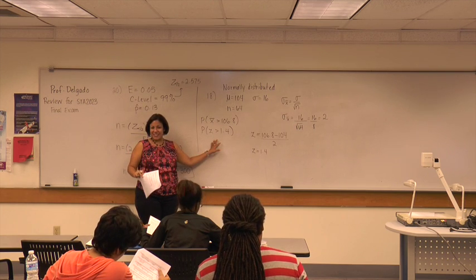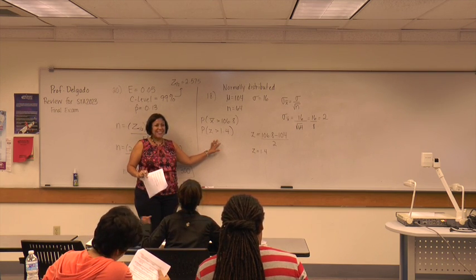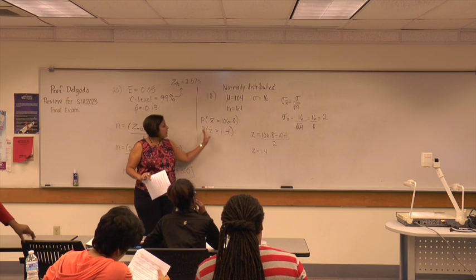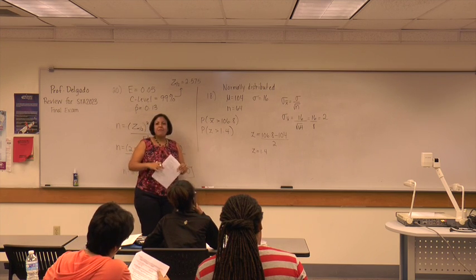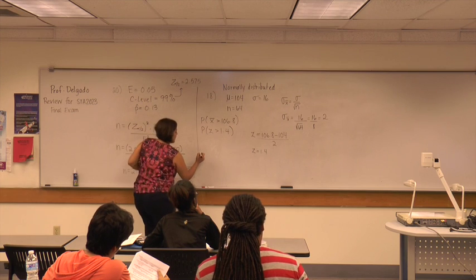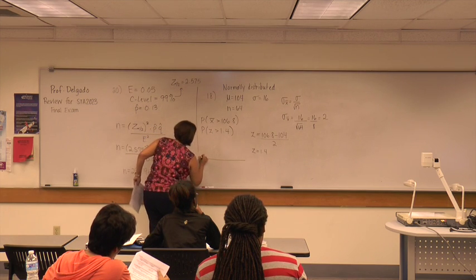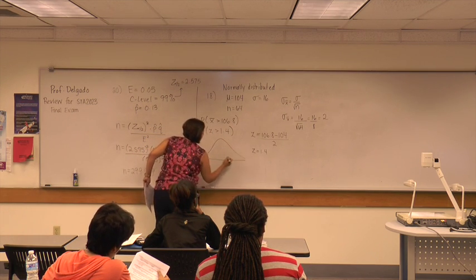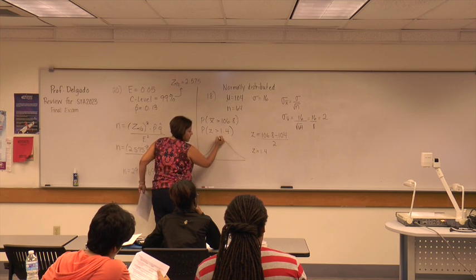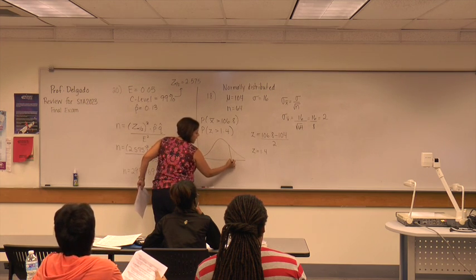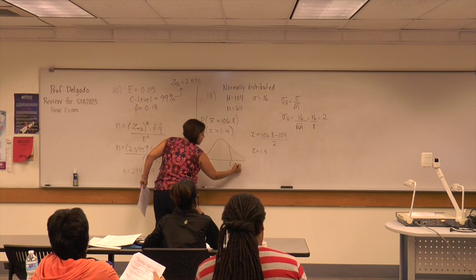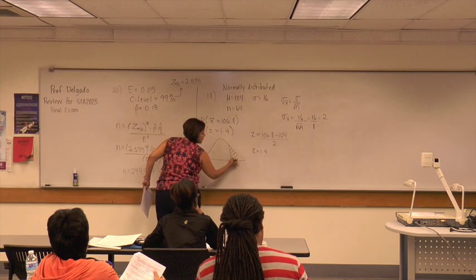Because we haven't answered the question yet. If we're looking at this visually, here's our normal distribution. Here's 0. We're looking at z equal to 1.4 and to the right.